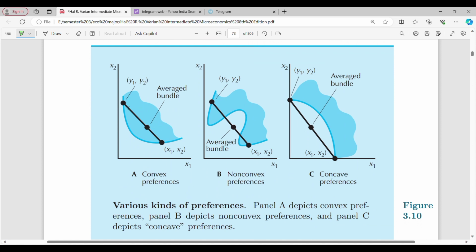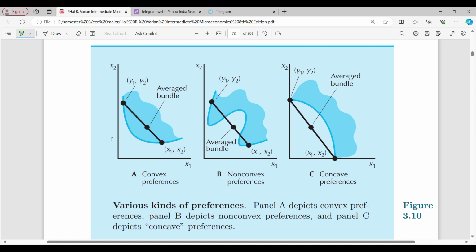That means the average bundle is weakly preferred to the bundles on the IC, whether it is the Y bundle or X bundle or whichever bundle lies on this indifference curve. We have studied this in one of the diagrams in the previous class. So this is just a continuation of that.